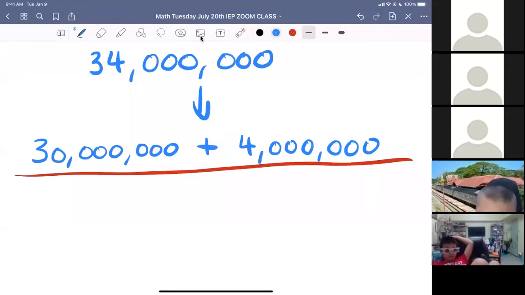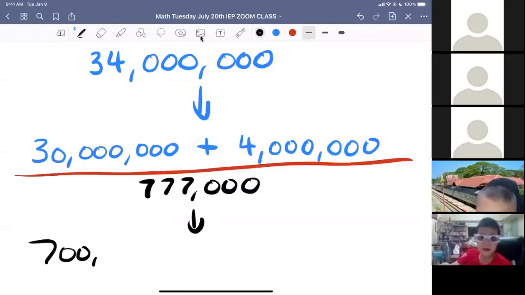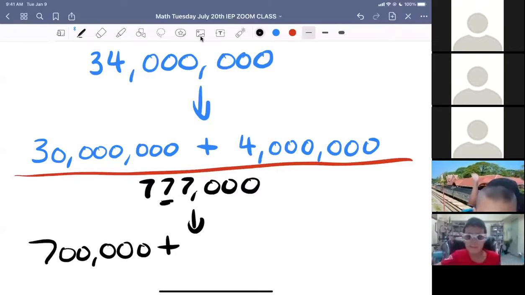And then we also have 777,000, right? We have to write this as 700,000 plus 70,000 plus 7,000.